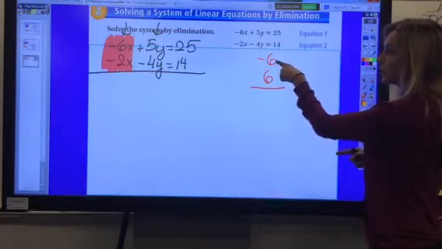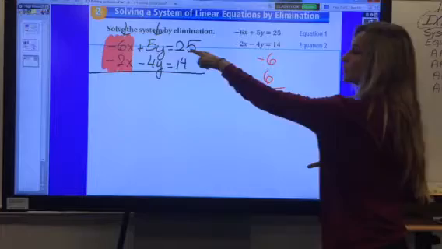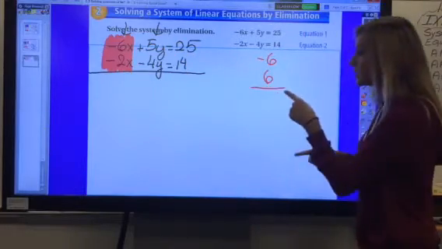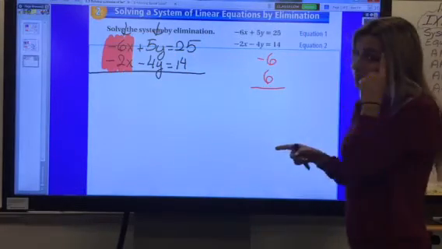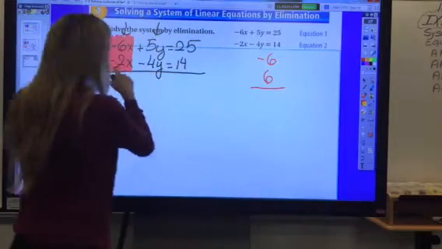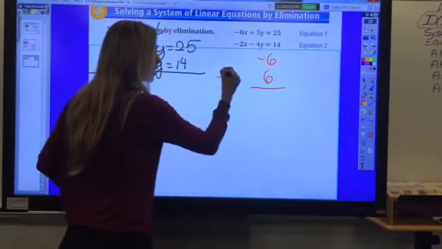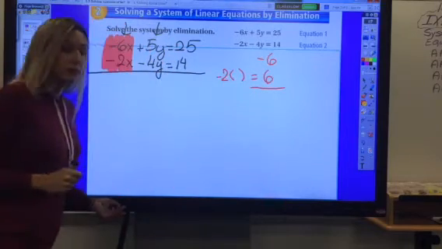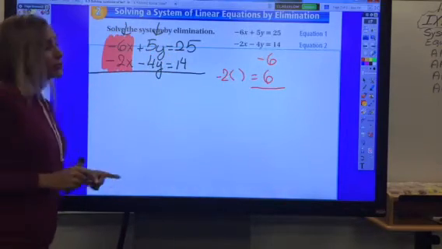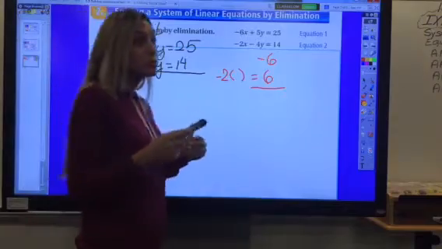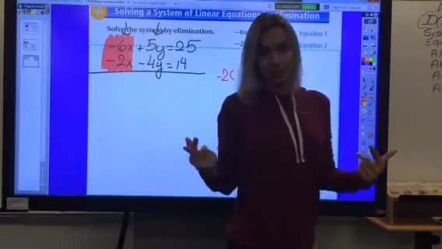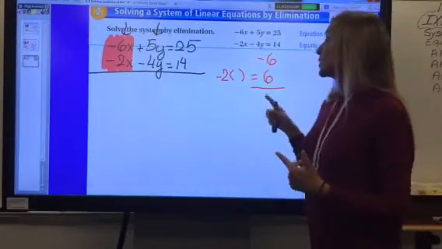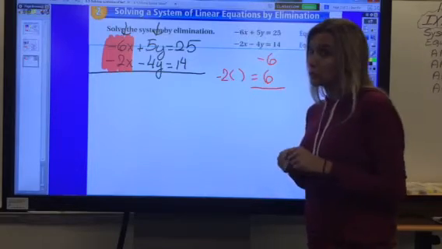So I'm not going to do anything to the top equation. I will leave it as negative 6x. Now, the question comes in here, though. Negative 2 times what number will give me positive 6, right? That is the question. Well, I know 2 times 3 is 6. All right, that would work, right? However, it's negative 2.